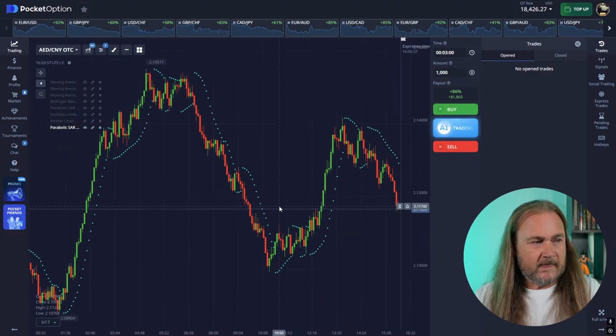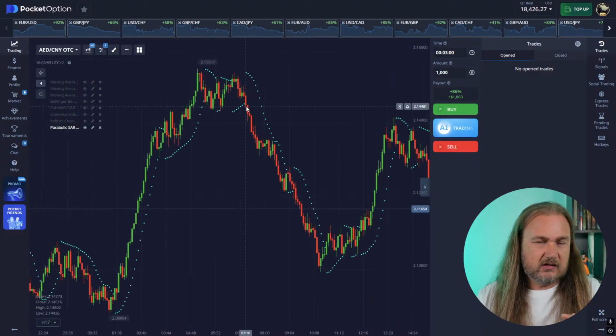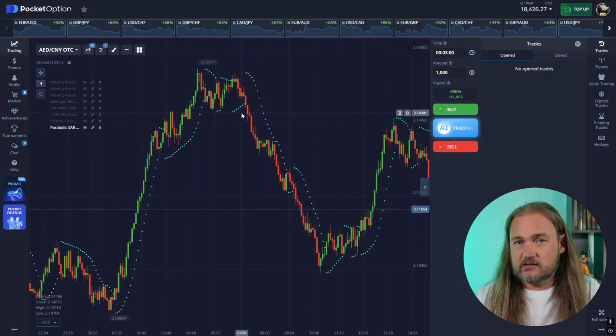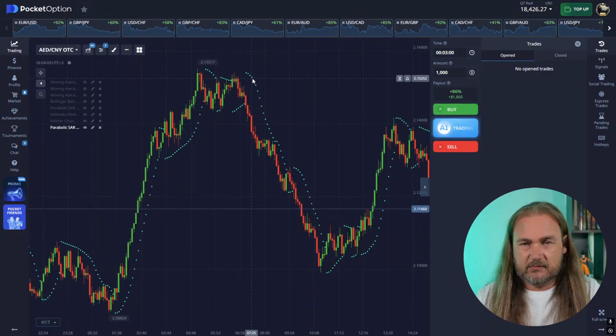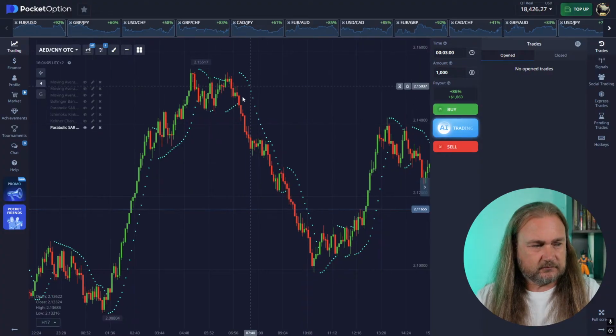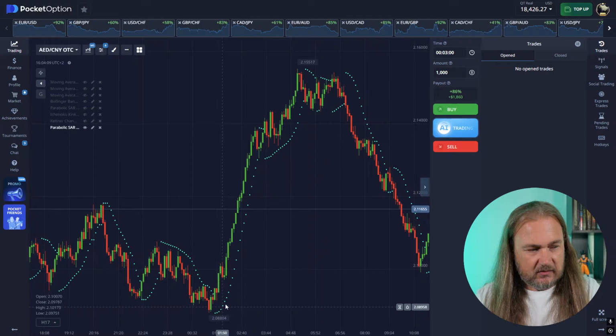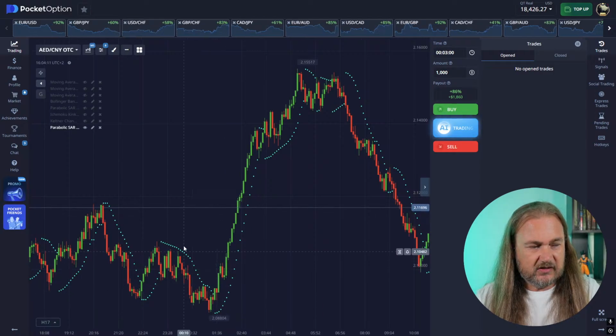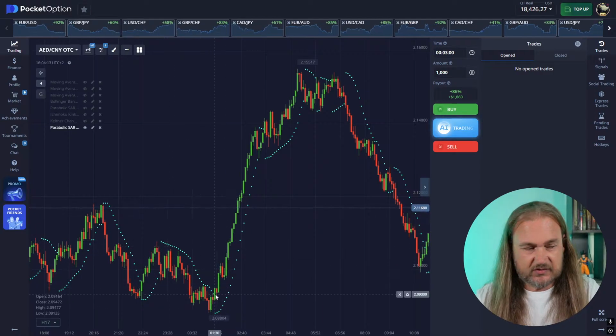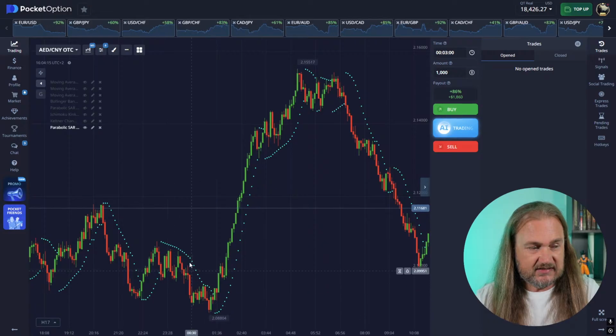You will see that at points the dots from the parabolic will be above, and at points it will be below. The reason this happens is because when price is moving in a downwards direction, as it is here, the parabolic will accelerate.